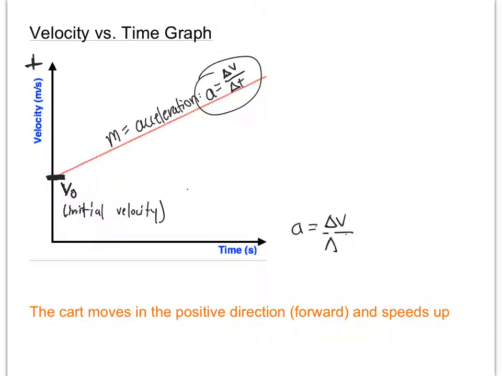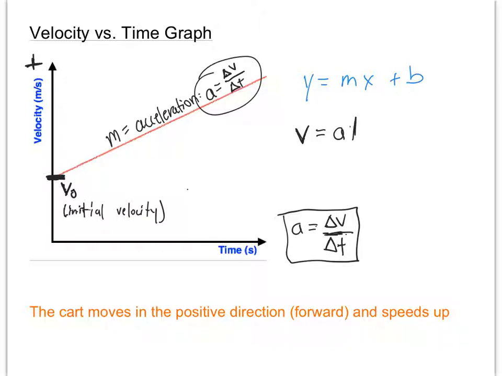Now I will put this up on our board in front of the room, but we have this equation that defines acceleration. Using our y equals mx plus b, we can write a general equation for this graph: our y is just velocity, our m is acceleration, our x is time, and our y-intercept is the initial velocity.